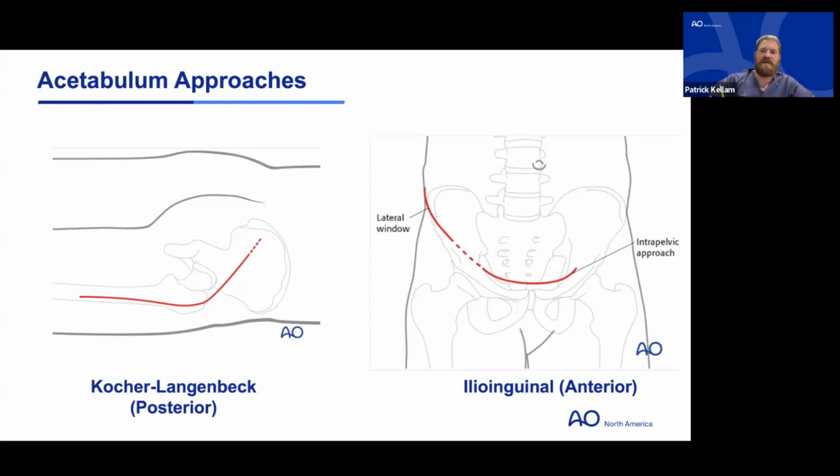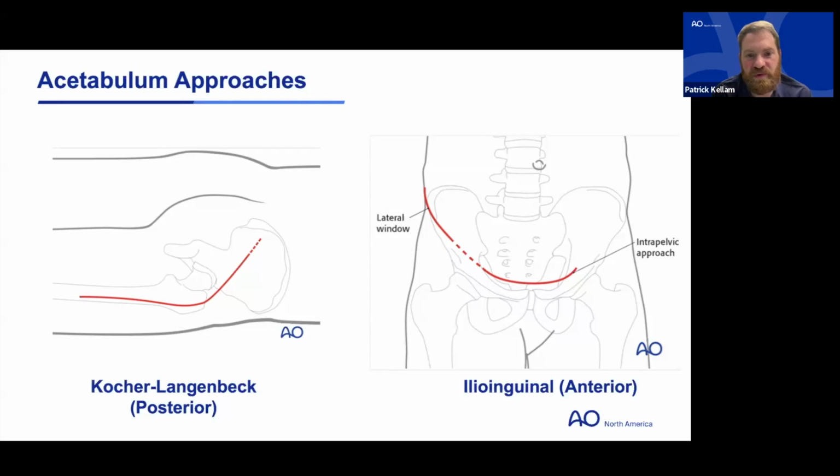Yeah, I think the big thing is that there are two main approaches to the acetabulum that we use currently, and one is a Kocher-Langenbeck and one is an ilioinguinal, or there are certain parts of the ilioinguinal, but an anterior approach to the acetabulum or a posterior approach to the acetabulum.